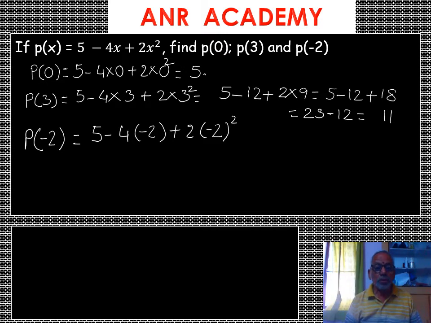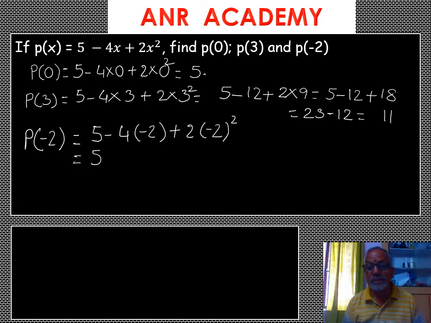So now 5 minus into minus, I told you, the product of two equal signs is always plus. It may be plus or it may be minus, the product of equal signs is always plus. So 4 into 2 is plus 8. Minus 2 whole square.